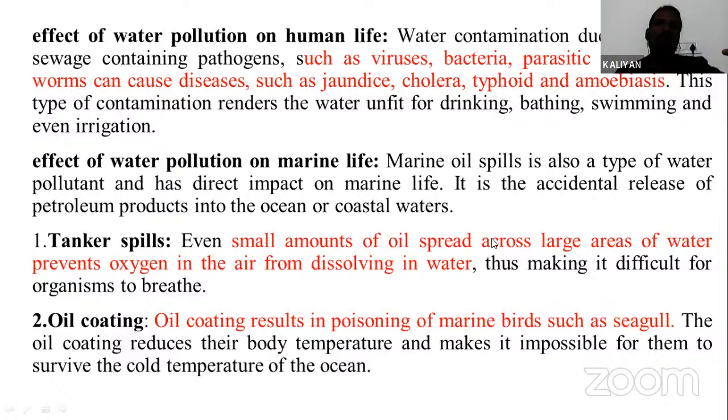That oil spill prevents air from entering the water bodies, so organisms cannot breathe properly. That is called the tanker spill. Oil coating poisons marine birds and seagulls. That is an impact on marine life.